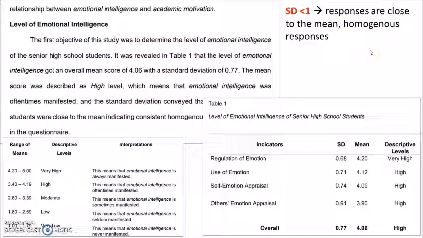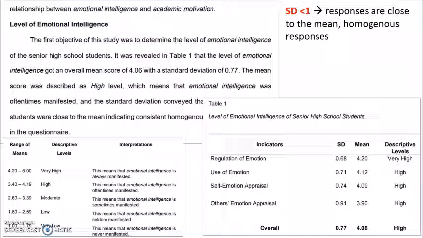Ibig sabihin, halos pare-pareho yung sagot ng mga respondents. Halimbawa, for Likert scale kasi tayo, 1 to 5, and the mean is 4. When the standard deviation is less than 1, just like this one, 0.77, we can conclude that the scores are close to 4.